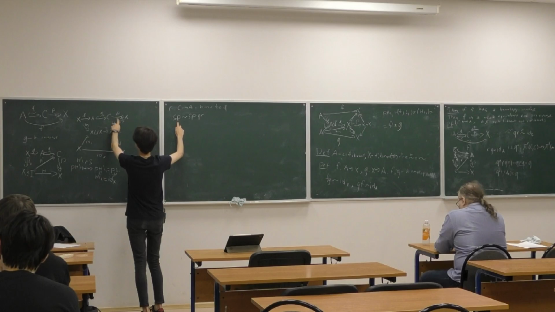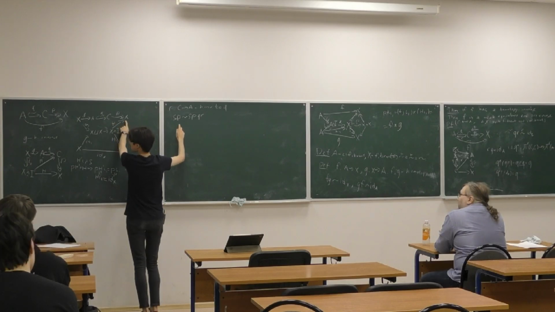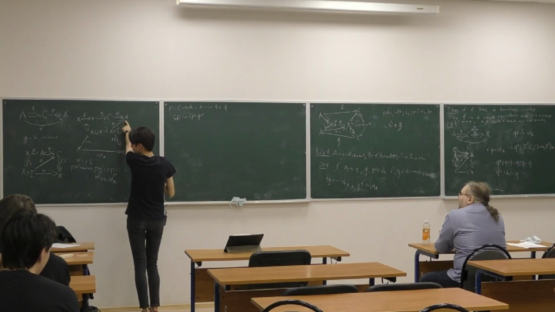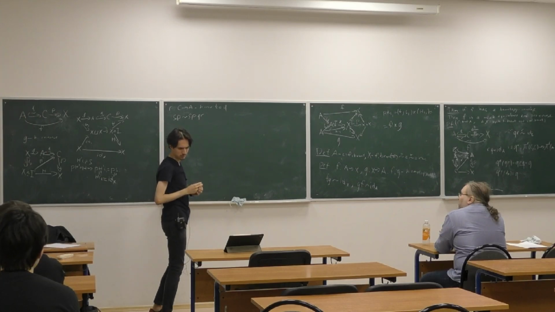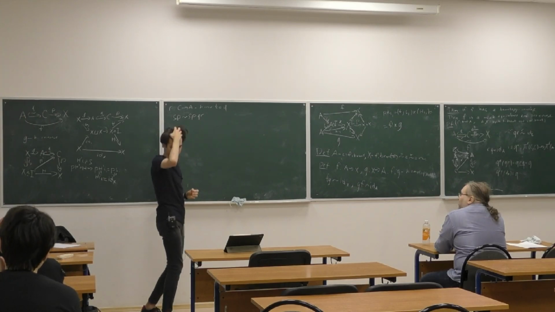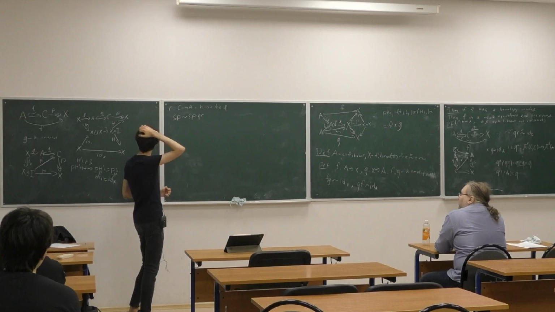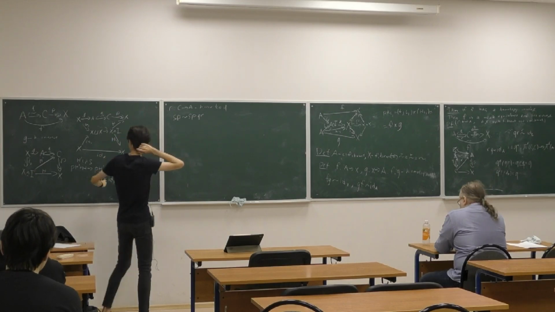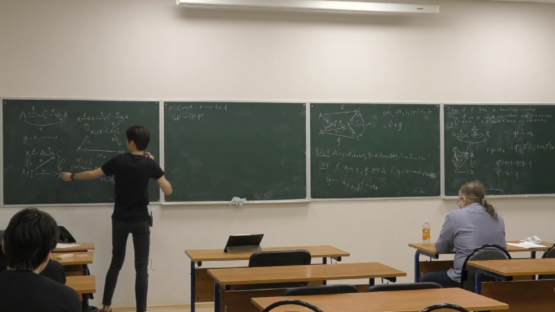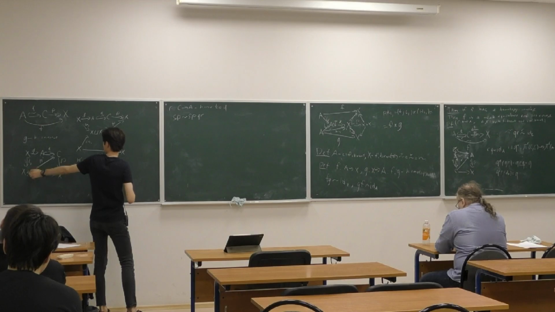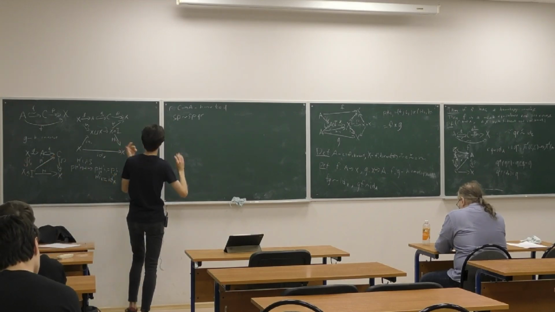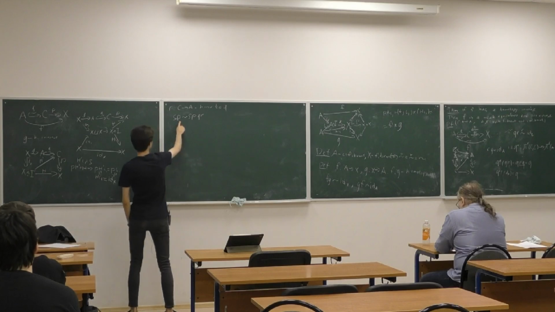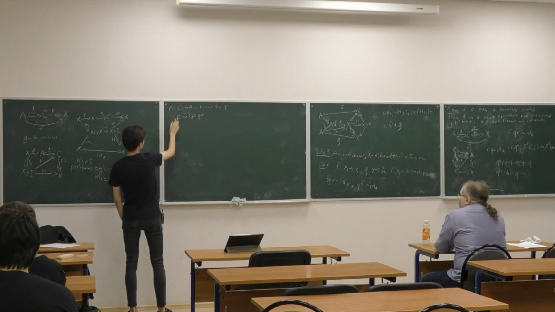So SP is a map from X, wait, what? I'm a bit confused here, because S is a map from X to C. Okay, it's all good. It's a map from C to C. Everything's all right.